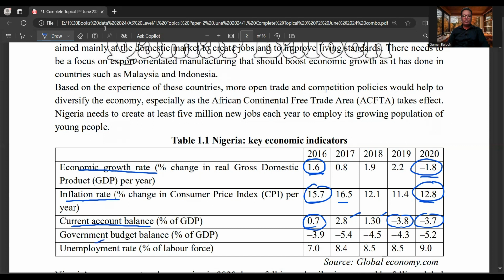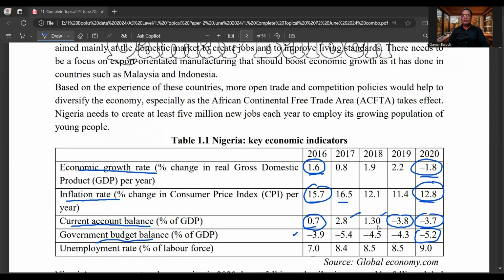Government budget balance is minus 3.9. It means it is in deficit, right? When the value of budget is negative, it means the government is having a deficit budget. And the budget is again minus 5.2, which is again a deficit, and the deficit has increased. In 2016, it was a deficit, but a little lesser.